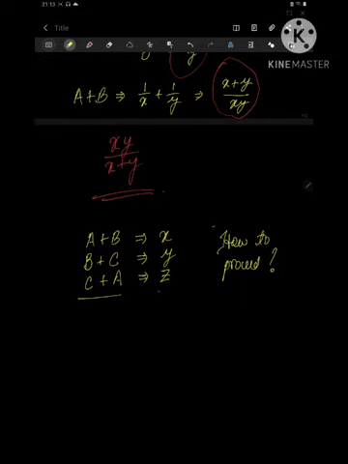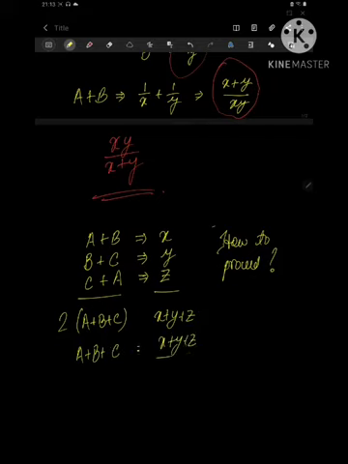So what we do is we simply add them up and we get 2 times A plus B plus C is equal to X plus Y plus Z. So A plus B plus C is equal to X plus Y plus Z by 2. So in one day, if all three work together, they will complete 2 by X plus Y plus Z of the work.